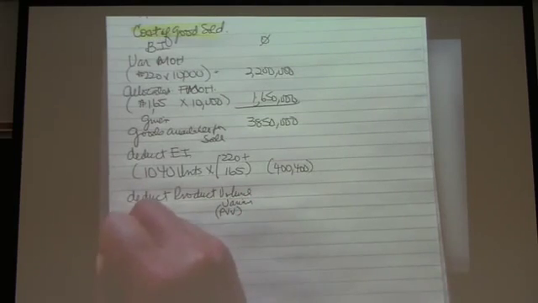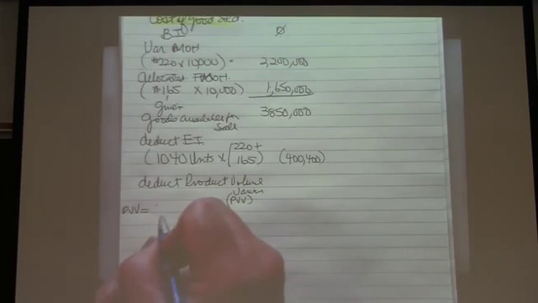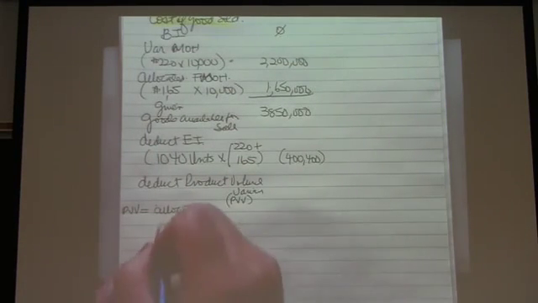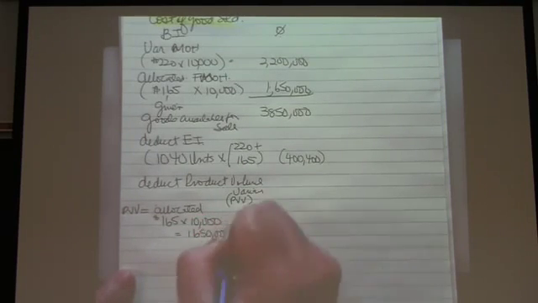So PVV equals, what did we allocate? We allocated 1,650,000, which is 165 times 10,000 equals 1,650,000.